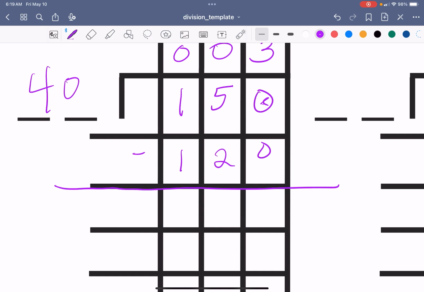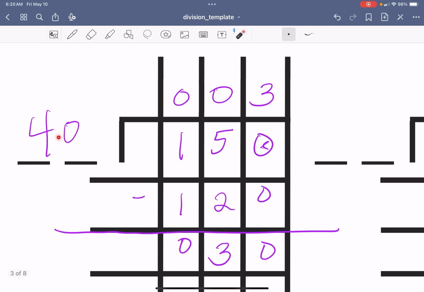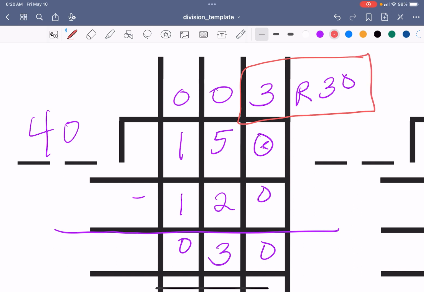So 0 minus 0 is 0. 5 minus 2 is 3. 1 minus 1 is 0. So 40 can't go into 30, so we're done. So 30 is going to be our remainder. So our final answer is going to be 3 remainder 30.